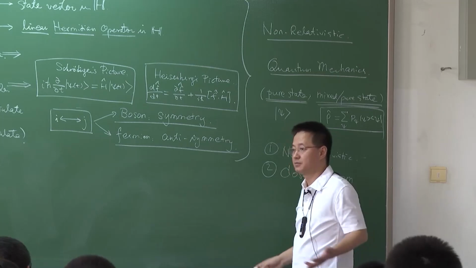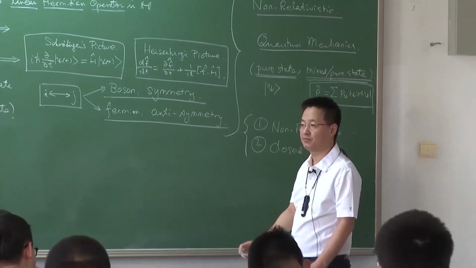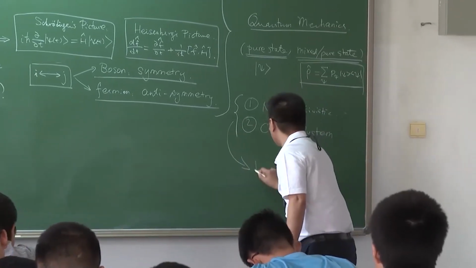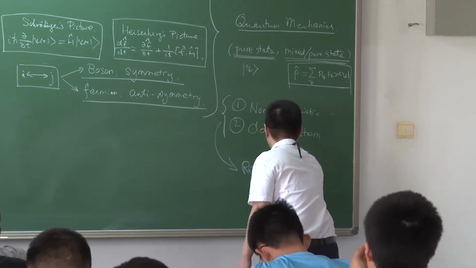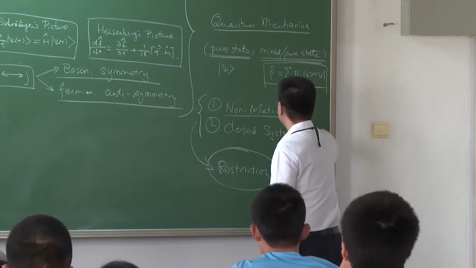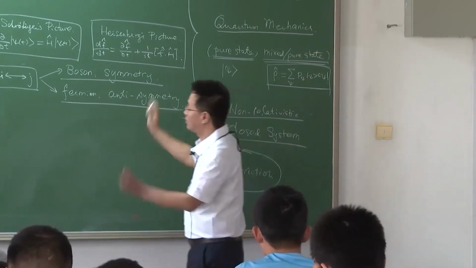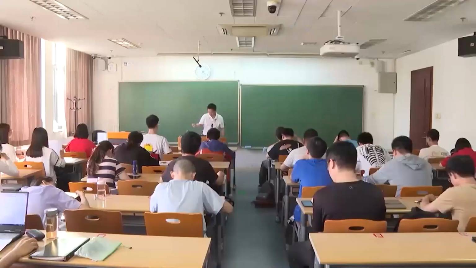For an open system, it does not hold. So these two restrictions are very strong. We should keep in mind that all of the postulates are based on non-relativistic and closed systems. Okay, we can take a break.